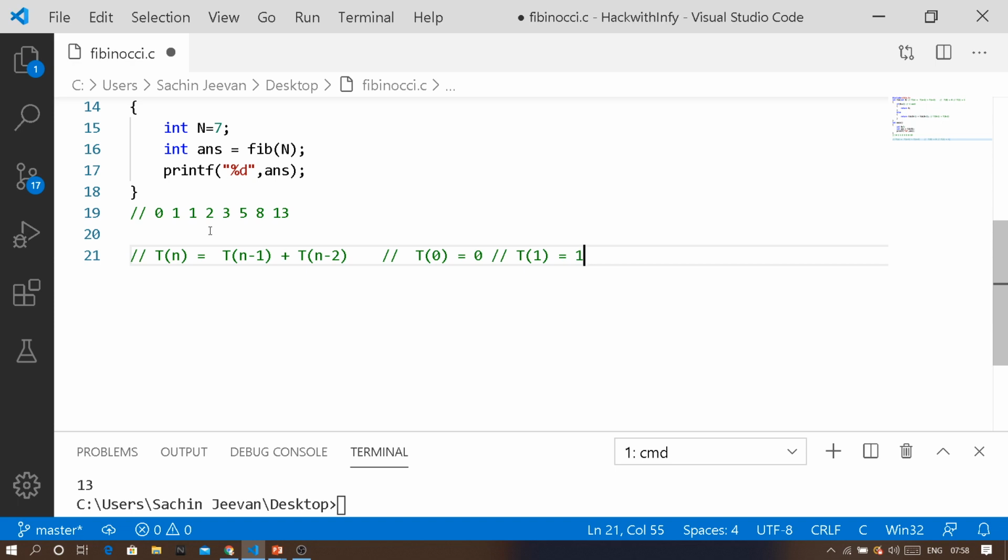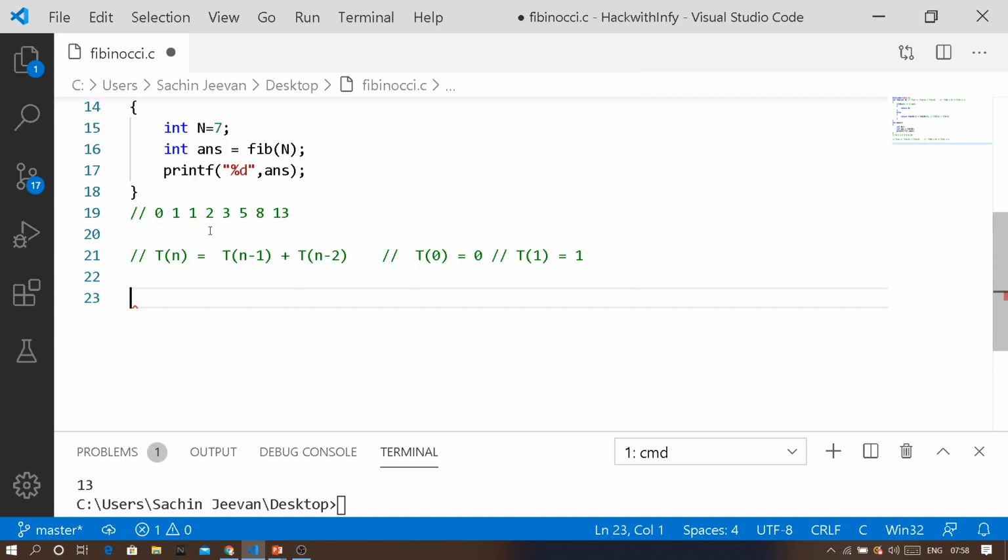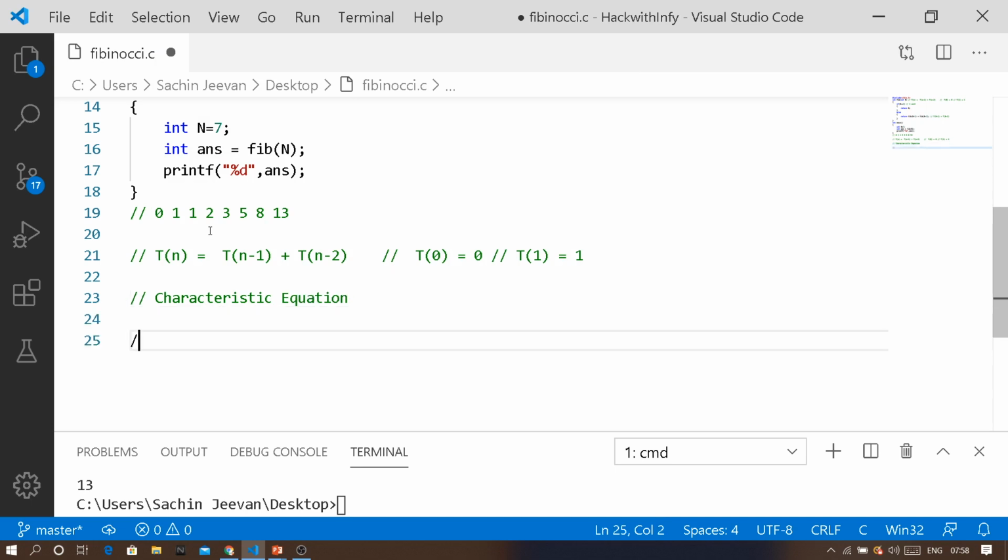So first of all, we have to convert the given recurrence relation into a characteristic equation. For converting this into a characteristic equation, we first need to transfer all the right side terms to the left side.